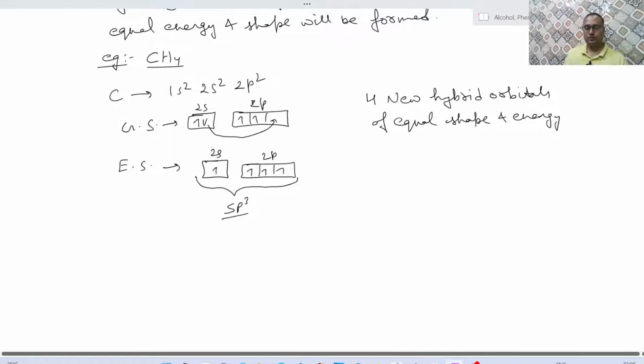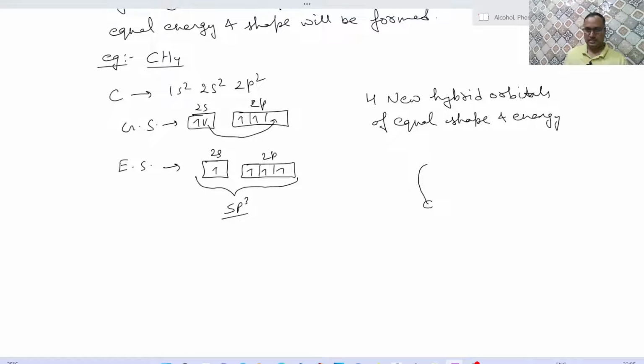Now these 4 hybrid orbitals are going to align themselves in 3 dimensions in such a way that they will have minimum repulsion and maximum stability.